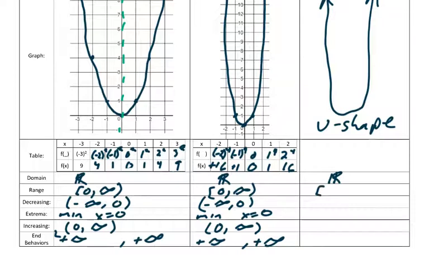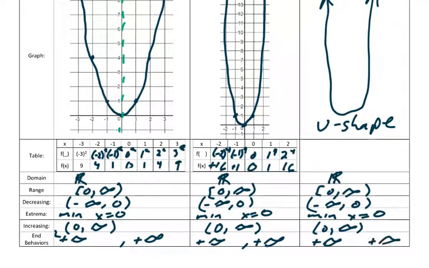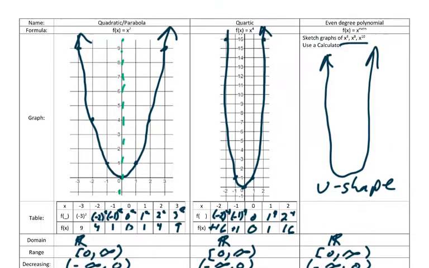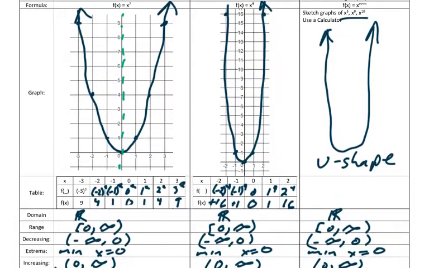The range of the basic polynomial is from 0 to infinity. It's decreasing from -infinity to 0, has a minimum at x equals 0, and is increasing from 0 to infinity. The left end behavior is positive: it comes from infinity and goes back to infinity. That's the basic shape of even degree polynomials.